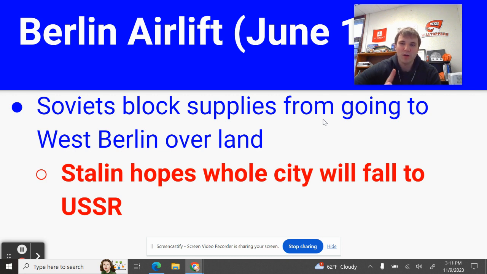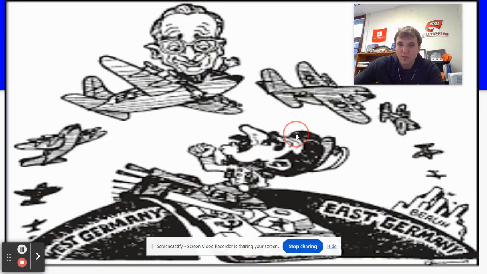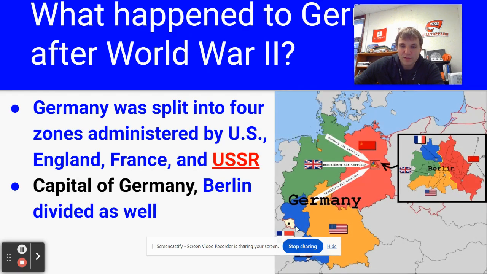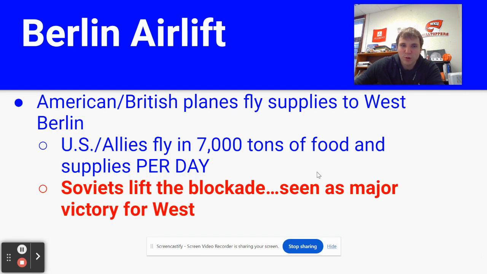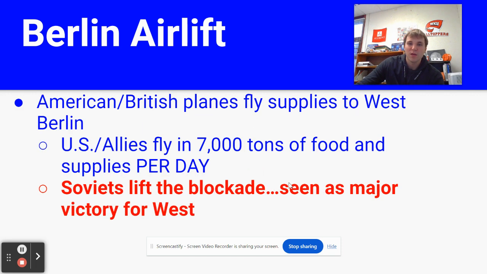But Great Britain, the United States, and France all have control of West Germany, right? Like we saw on this map right here. So Stalin hopes that if he blocks these supplies from going into West Berlin, the entire country of Germany will fall into Soviet hands. Because that's why he wants the city to fall. It's the capital of Germany. The capital falls, therefore the country falls as well.